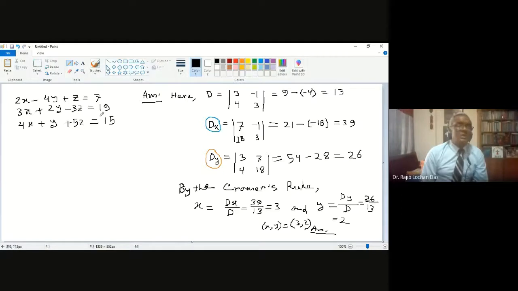If it is like that, then you can solve by Cramer's rule in the same pattern.